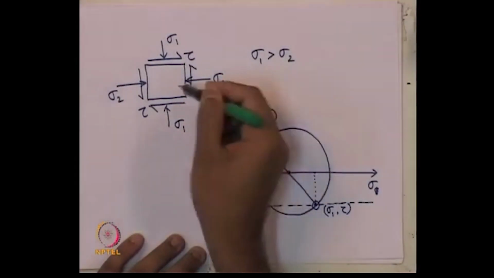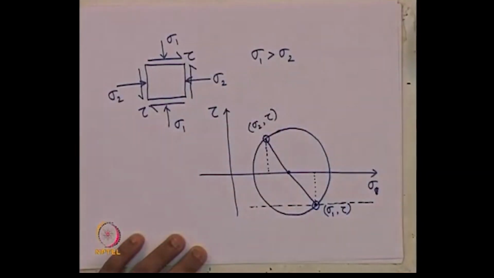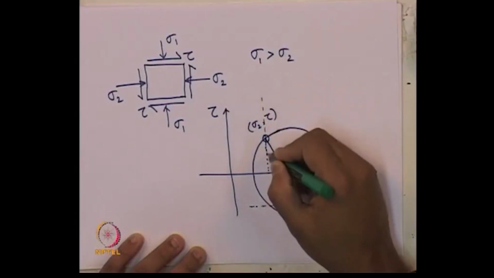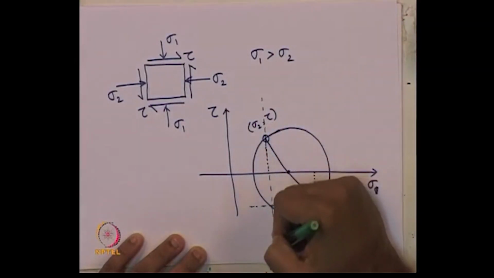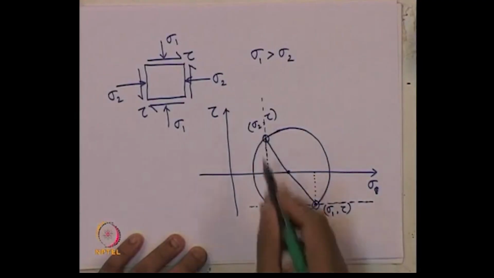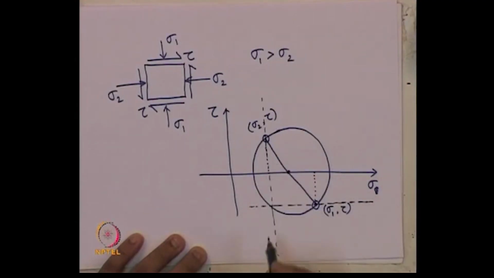And sigma 2 is acting on a vertical plane. So, where sigma 2 is, draw a vertical plane, and where these two planes meet each other on the circumference of the circle, that point is nothing but the pole of the Mohr circle.